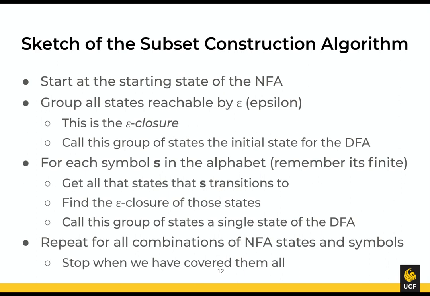So we group together all these states that can be reached by an epsilon transition, and we just take that subset of states and call that a single state in our DFA. We just make up a new state, and we say that it represents this set of initial states from the NFA. With me so far?